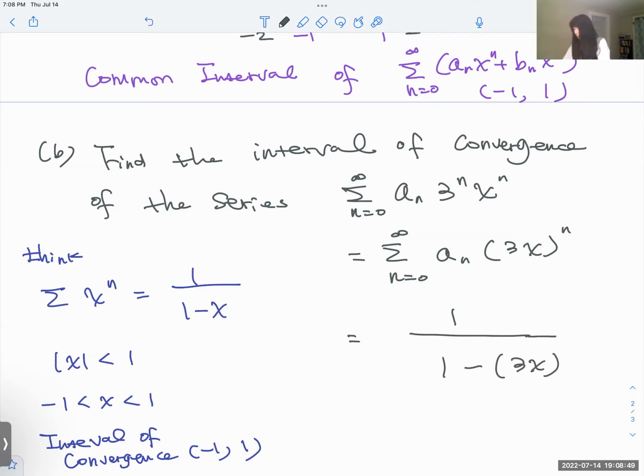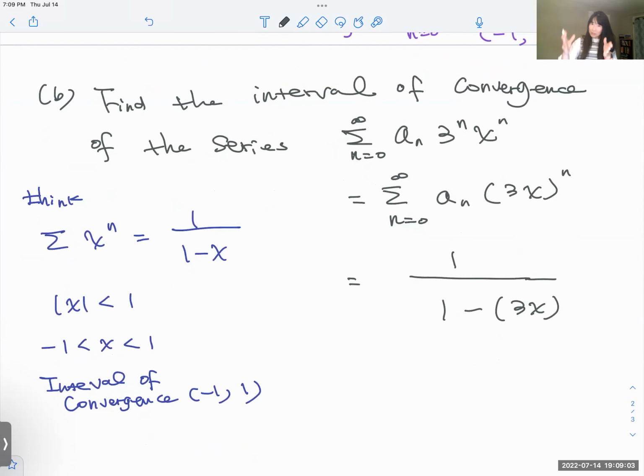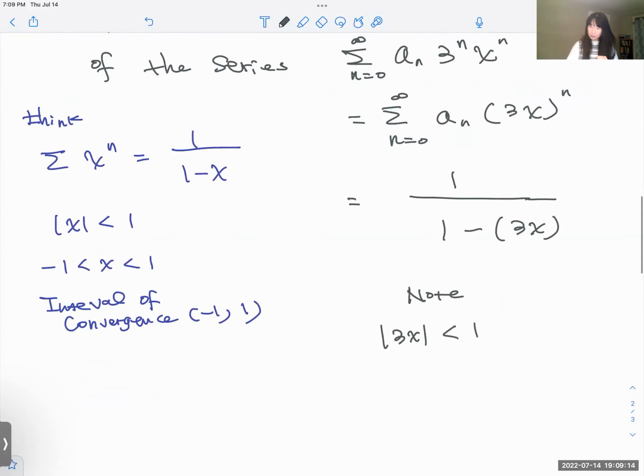Okay, now can you see in this case the absolute value of 3x is less than 1, right? Then we know that without the absolute value, 3x is between -1 and 1, right?